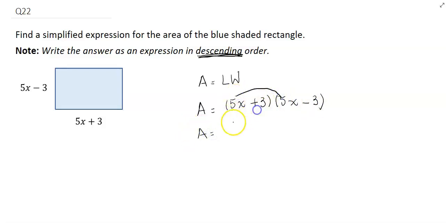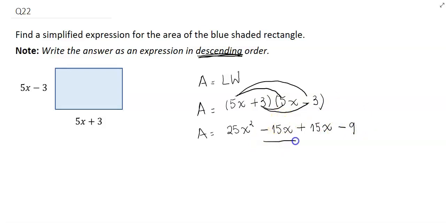5 times 5x is 25x squared. 5x times negative 3 is negative 15x. 3 times 5x is plus 15x. And 3 times negative 3 is negative 9.